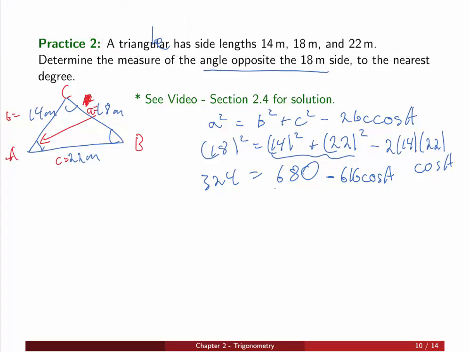I now can subtract 680 from both sides, to give me 324 minus 680. That will give me negative 356.